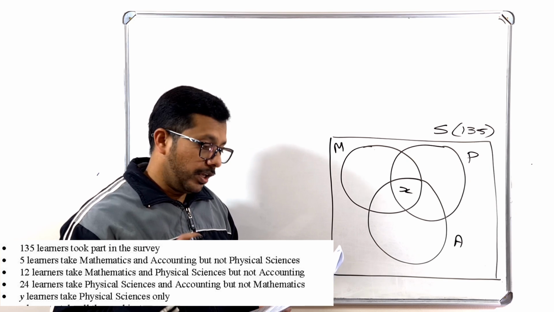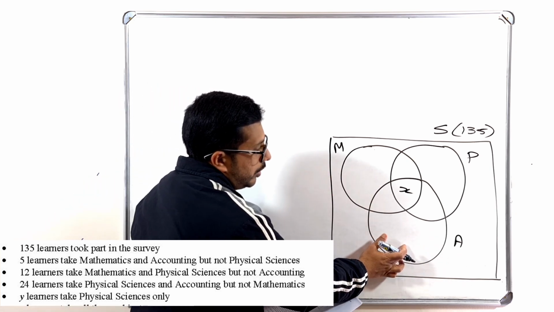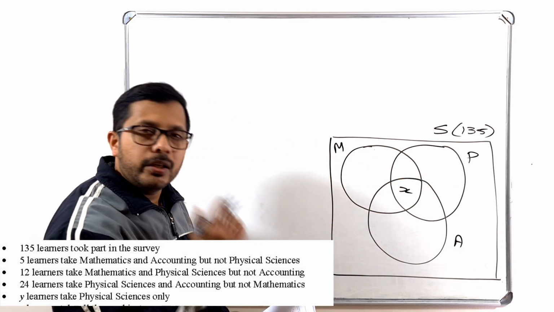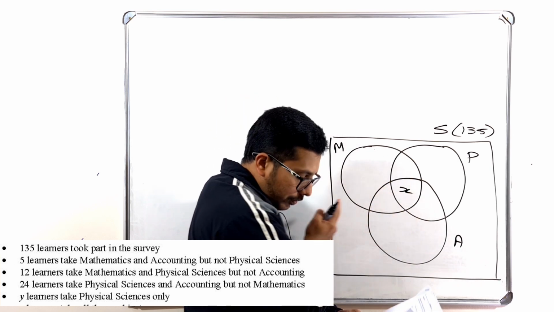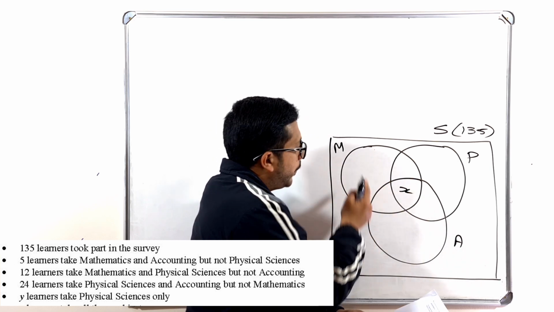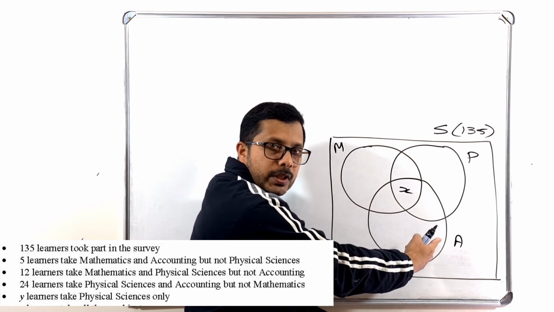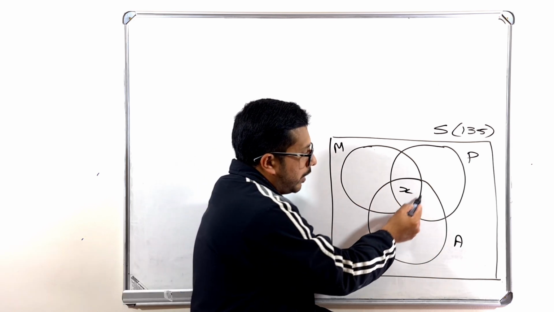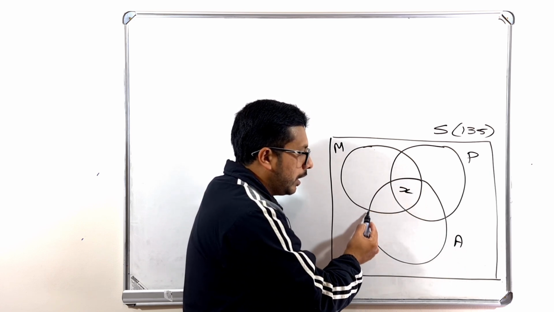What is there? 5 learners take mathematics and accounting but not physical science. So which area is that? This is the mathematics circle and the accounting circle. So which area is for mathematics and accounting? This area. Am I right? This area is for mathematics and accounting.